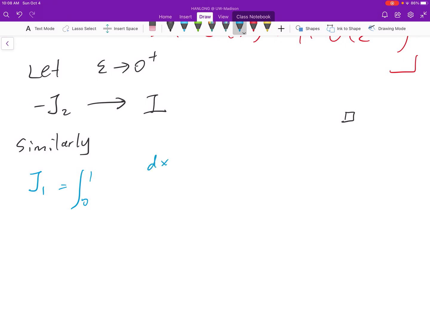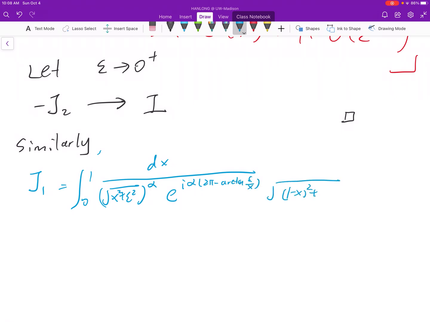So dx, (x squared plus epsilon squared) to the alpha over 2 power, exponential I alpha (2 pi minus arctangent epsilon over x), square root of (1 minus x) squared plus epsilon squared to the 1 minus alpha, exponential I (1 minus alpha) arctangent epsilon over x.